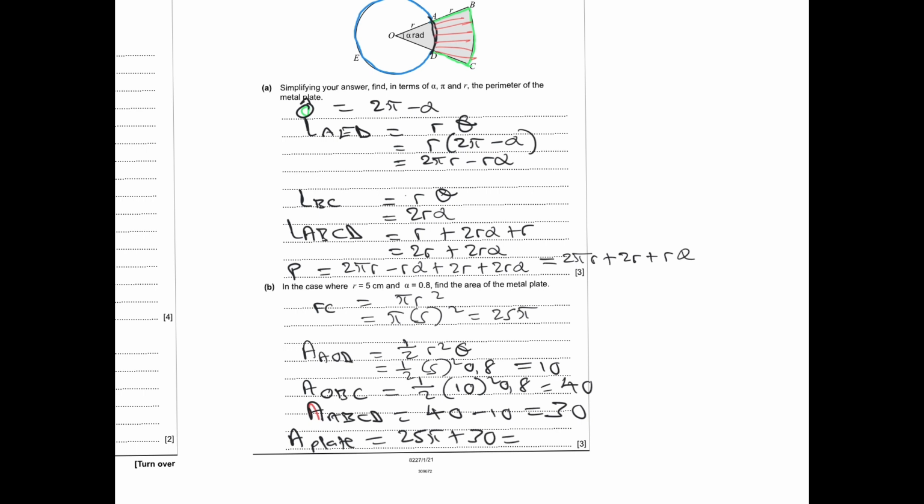If we simplify that, 25 pi plus 30 will give me 108.5398. So the final answer to 3 significant figures will be 109 units squared. Of course, the units here are centimeters, so it's supposed to be centimeters squared. So that's what we are having here.